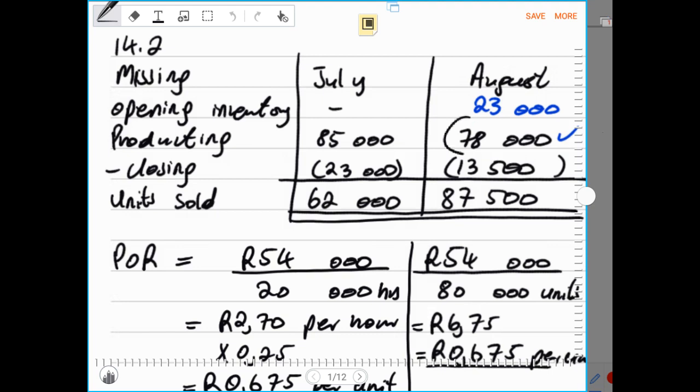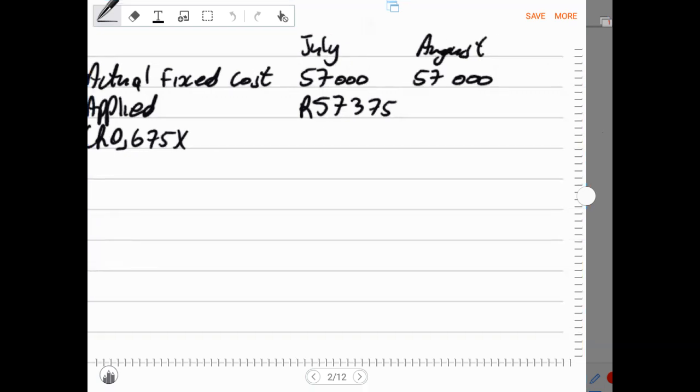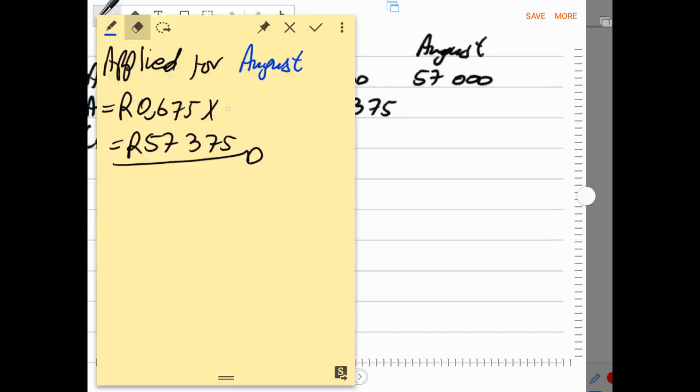Therefore we say POR times the actual units, which is the actual base, times 78,000 units.